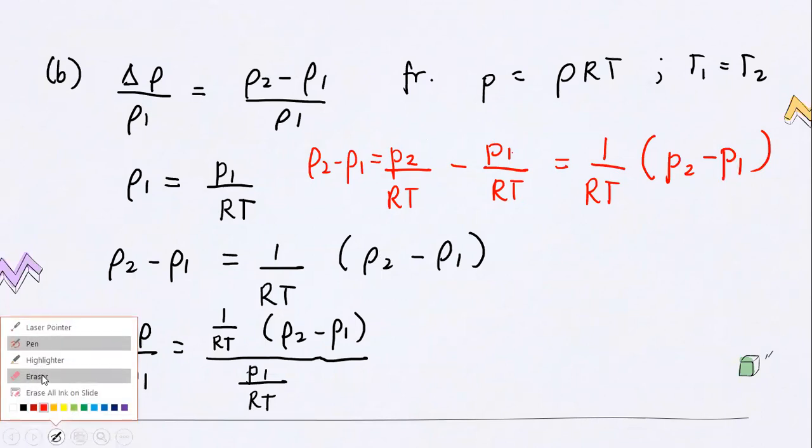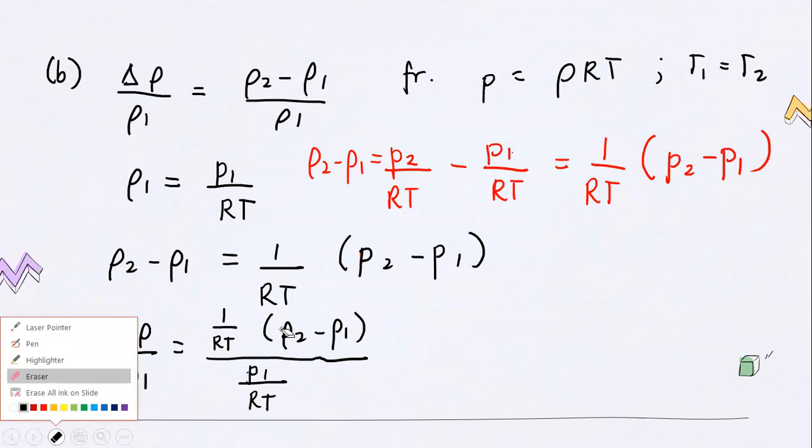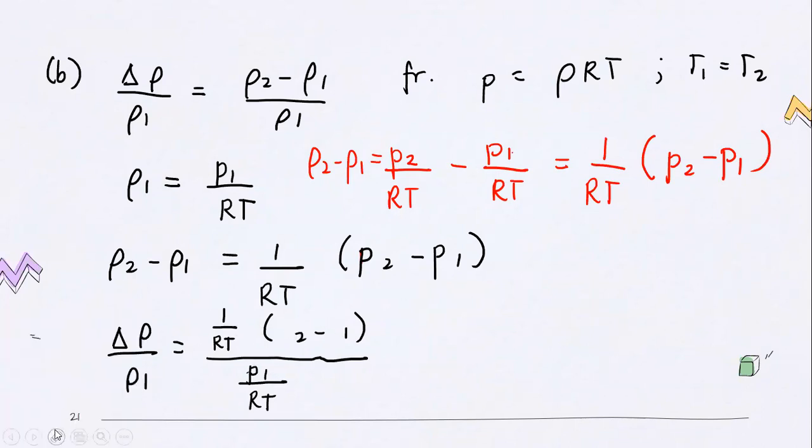Therefore, this one is P instead of rho. Okay, therefore, we cancel RT, therefore we have P2 minus P1 over P1.